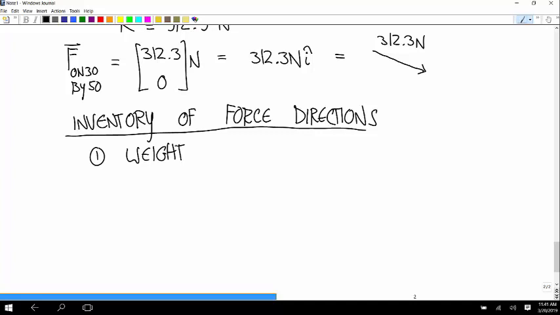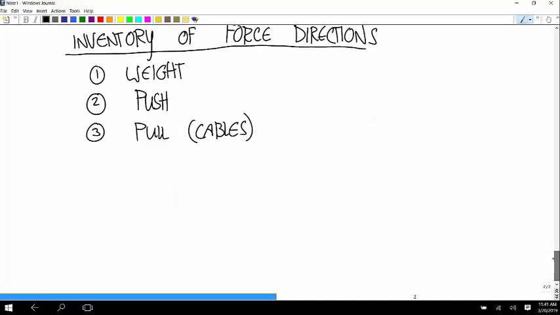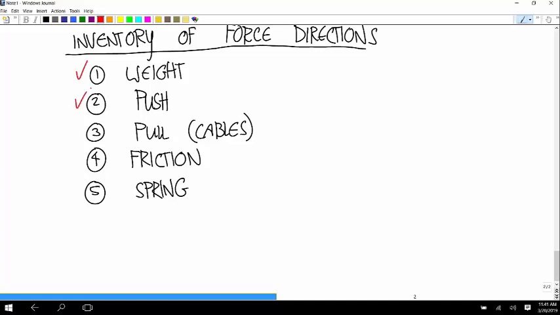Types of forces that we know the directions for are the weight, pushing contact, pulling contact, which we're going to imagine is always involving cables. Even when it doesn't, you could replace it with a cable, so we'll still think of it that way. Friction, and spring forces. And we're done with weight. Now we're done talking about pushing contact.